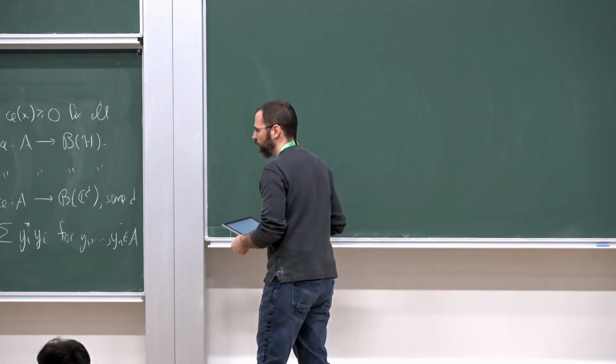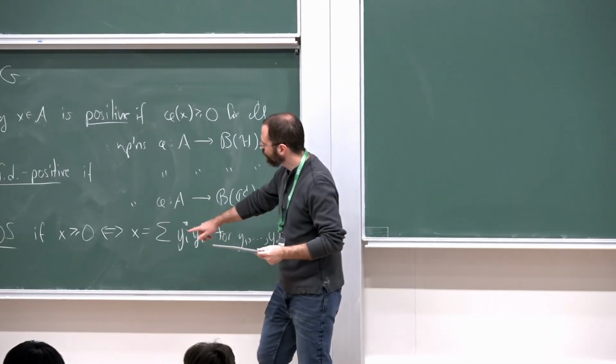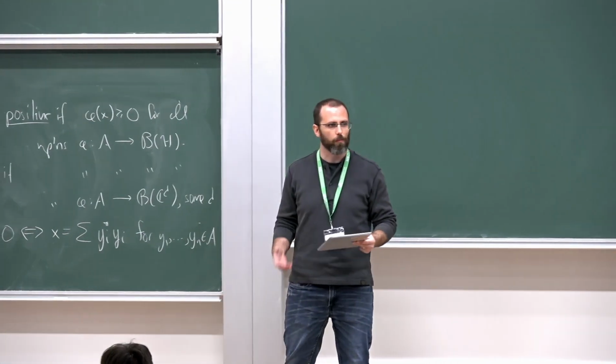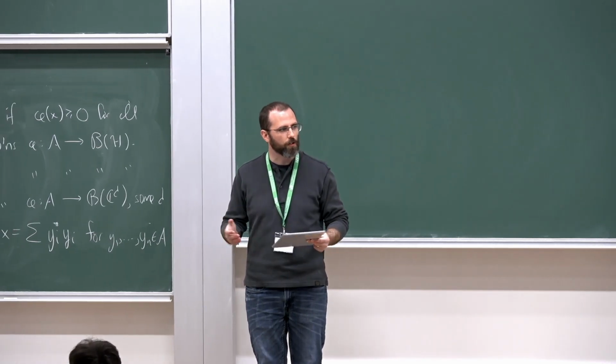And notice what this means. The point of this SOS property is that when something is positive, we can always prove that it's positive by giving y_1 up to y_n. So being SOS is about having proofs of positivity.